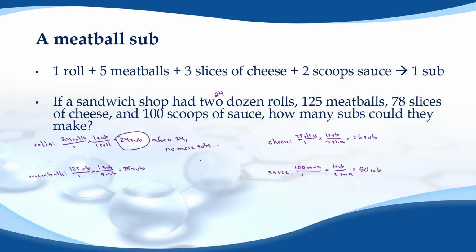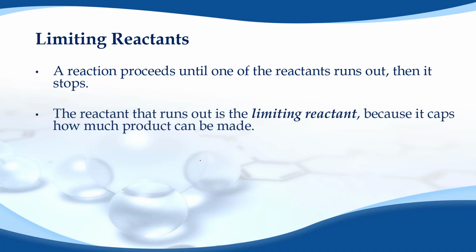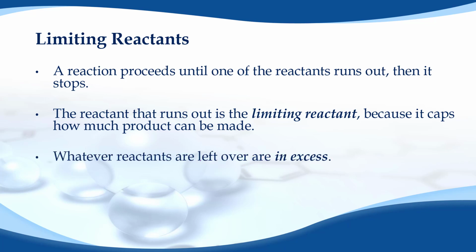The idea, again, is that when you have a reaction, the reaction will keep going until one of the reactants runs out. When a reactant runs out, the reaction stops. The one that runs out is our limiting reactant. The reason why is because it limits how much product we can make. It puts the cap on the limit. Now, whatever other reactants you may have left when that reaction finishes, those are called your excess.